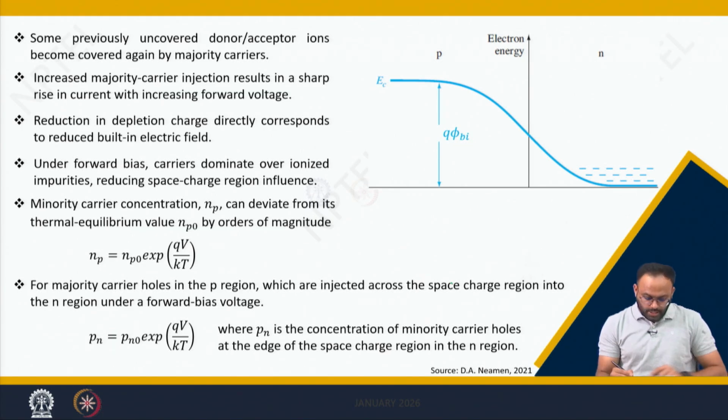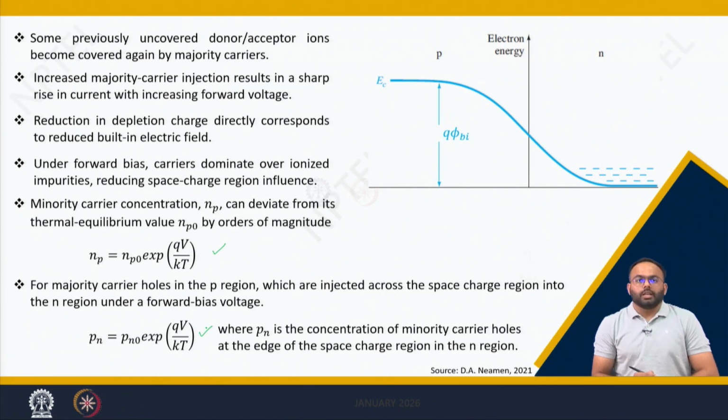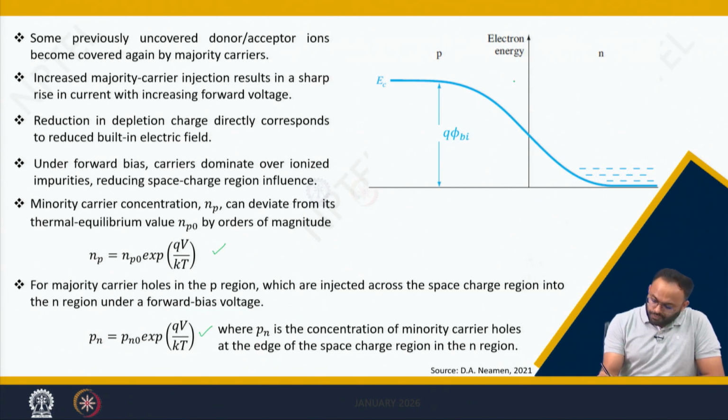Similarly, in the p-n junction you can find the current equation by using the junction law, which we have already discussed: when we know the voltage across two different regions and I need to calculate the doping of the other region by knowing the doping of one side, then I can use the junction law.